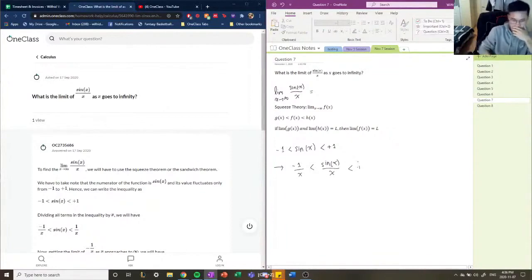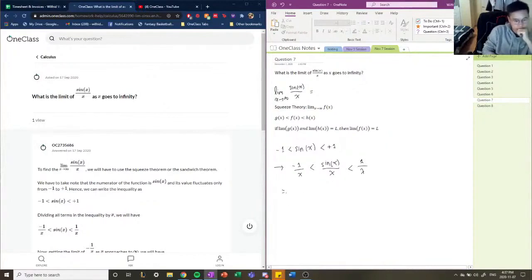Okay, so once we divide it by x, we have found a group of functions, namely 1/x and -1/x, that sandwich or squeeze sine x over x. This is just mathematically how that works. We can try to graph it out and see it, but by doing this clever trick, we have found two functions that sandwich or squeeze sine x over x, right?